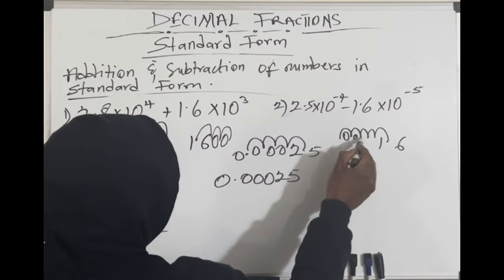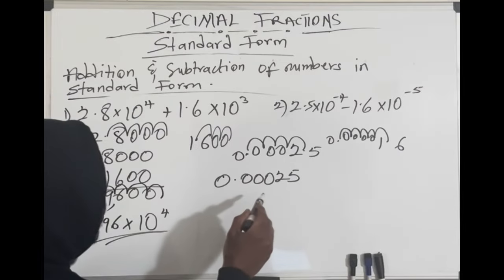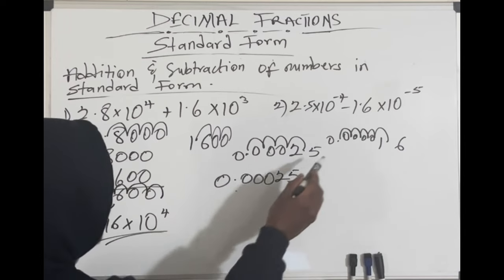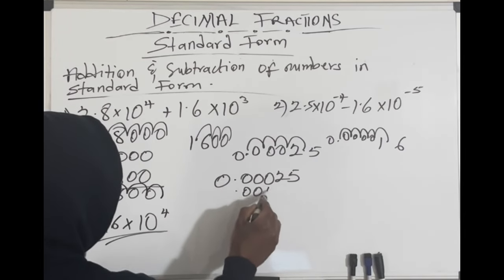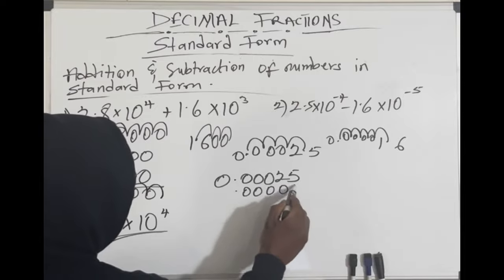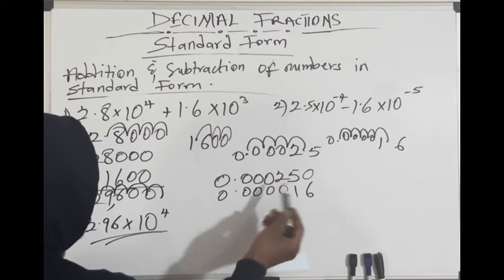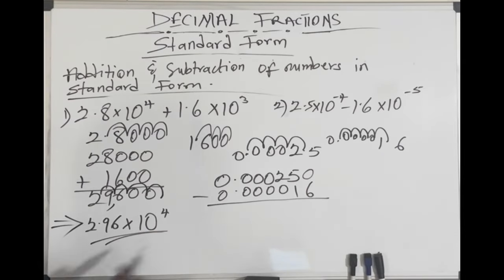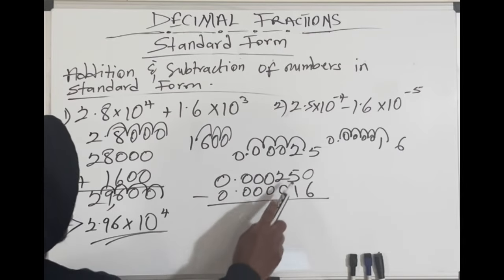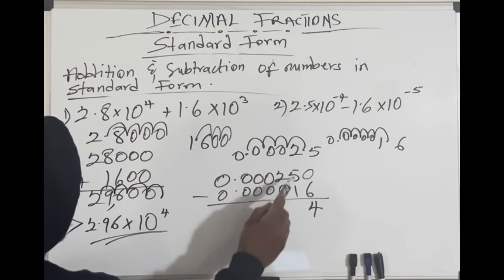So 0.0. So what do we have? Point. How many zeros? 1, 2, 3, 4. And then 1, 6. And then 0. Just put a 0 here, okay, for it to be complete. We are subtracting. So we pick 1 from this, making 10. So 4.